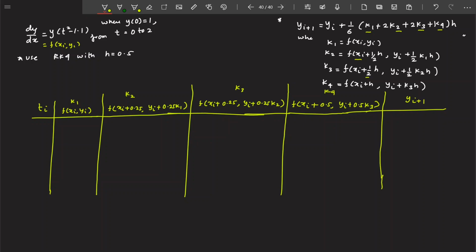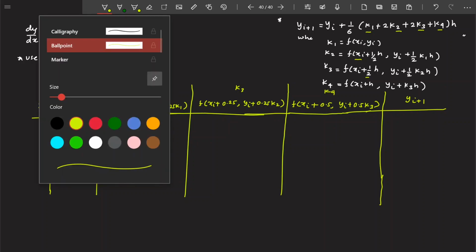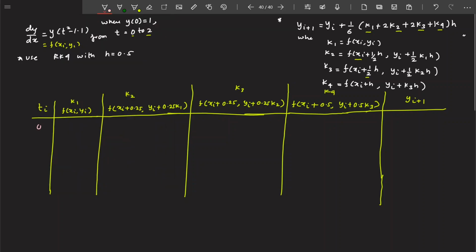So let us first write down the value of ti's. The value of ti is starting from 0 to 2 and step size is 0.5. So the first value is going to be 0, plus h is going to be 0.5. If you want you can leave some more space in between.